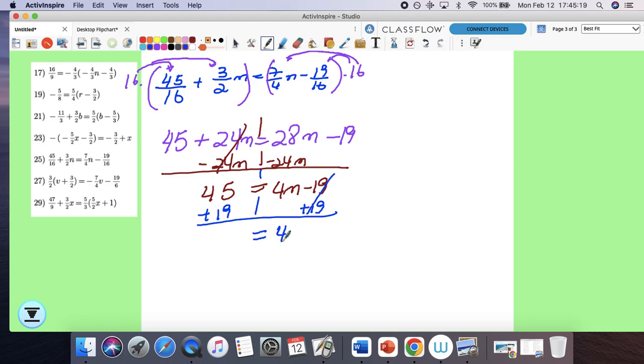That goes away, 4n equals 64. 64 divided by 4 is 16? Yeah, 16. So, divide by 4, and n equals 16. Anytime you have a whole number, I think that's a good thing.